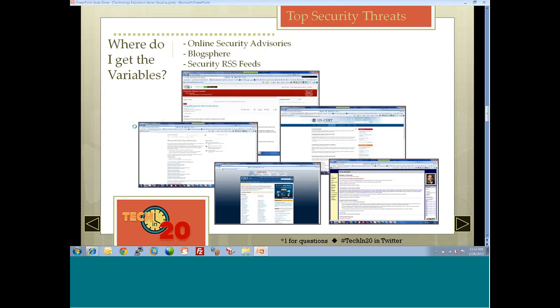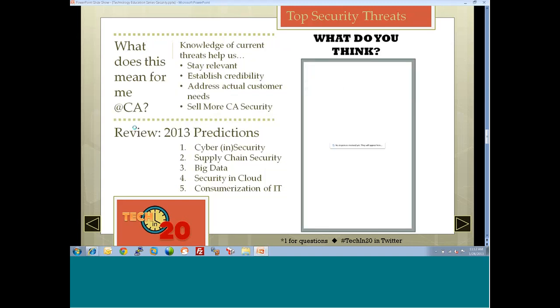So Schneier on Security is one of the regular places that I go to understand what's happening in my world and what's the newest variable being introduced in the threatscape. Now, knowledge of current threats keeps us relevant, helps our credibility, and helps us apply our understanding of what our solutions do to make things possible for our clients to address the issues and threats they face.